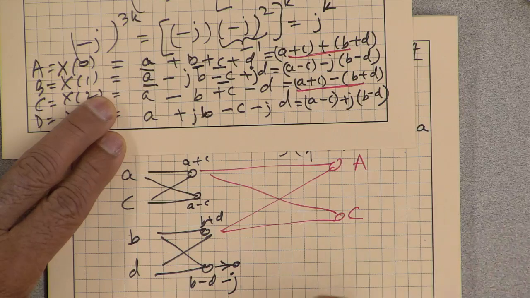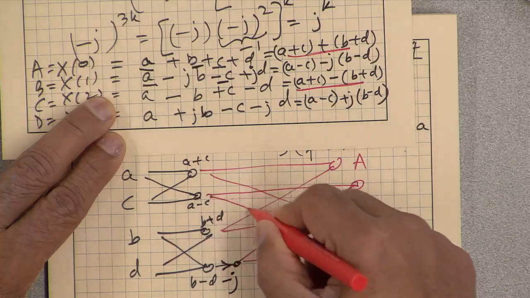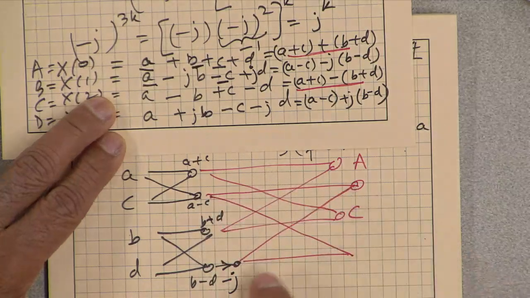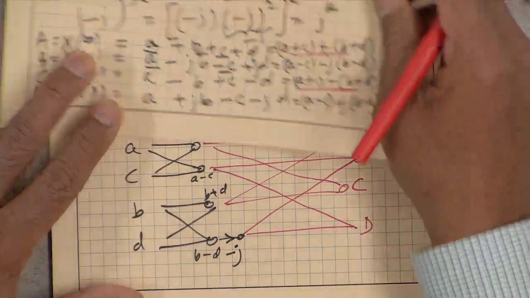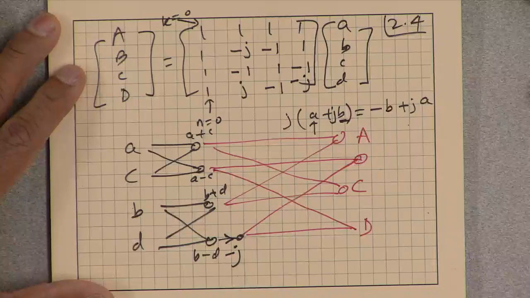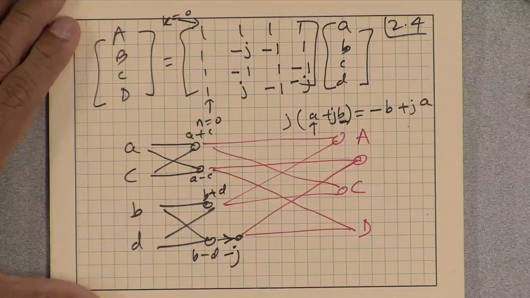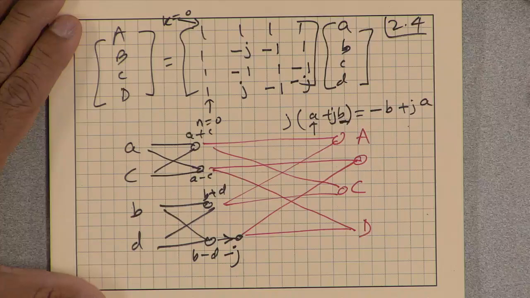So I have minus j times B minus D. So then the A minus C plus that and A minus C minus that, minus minus j becomes plus j. So that is the 4-point DFT computed using only 2-point DFTs or butterflies.